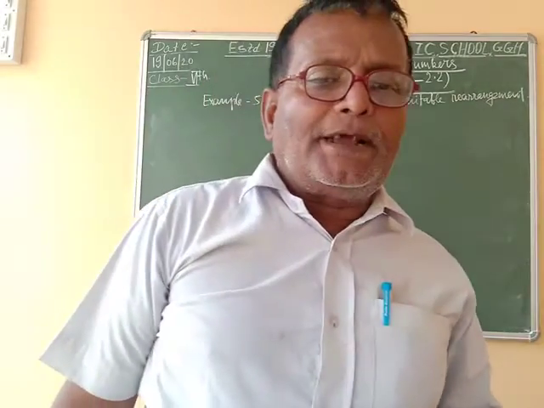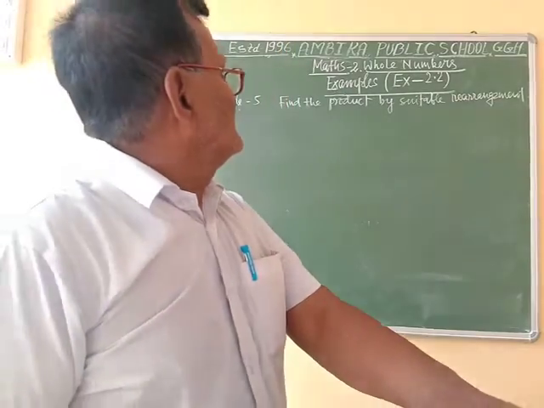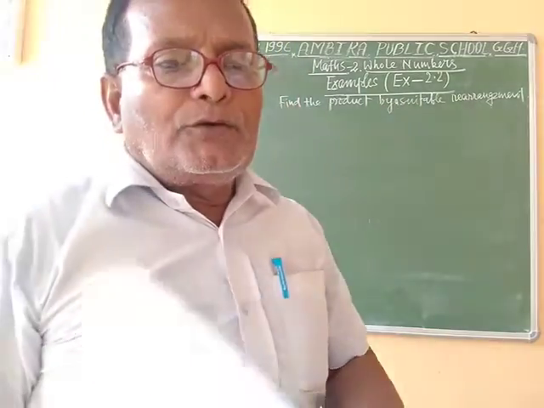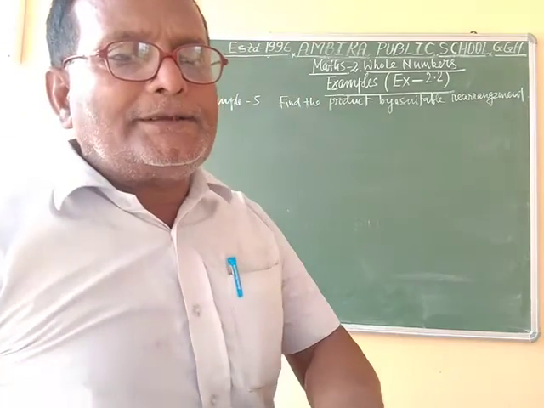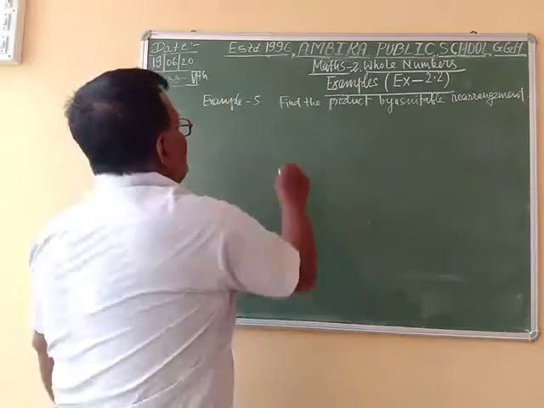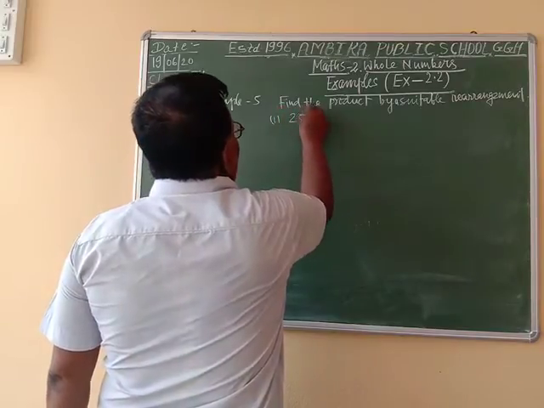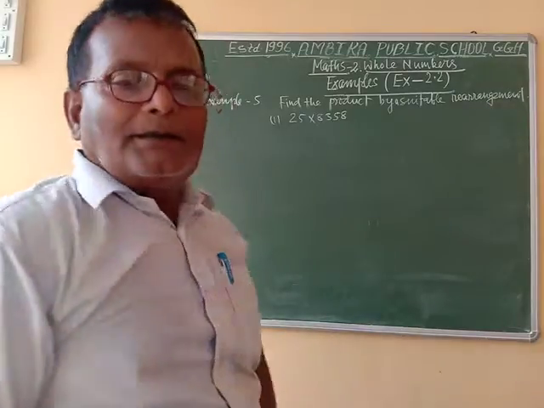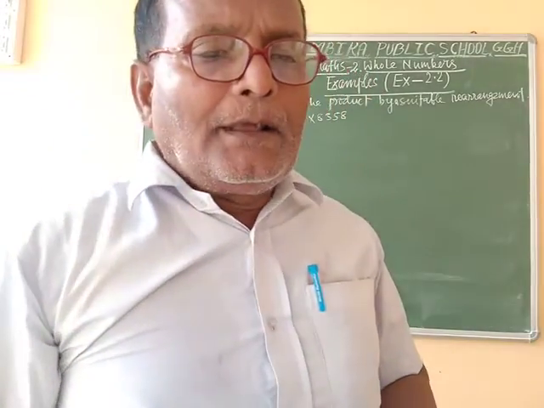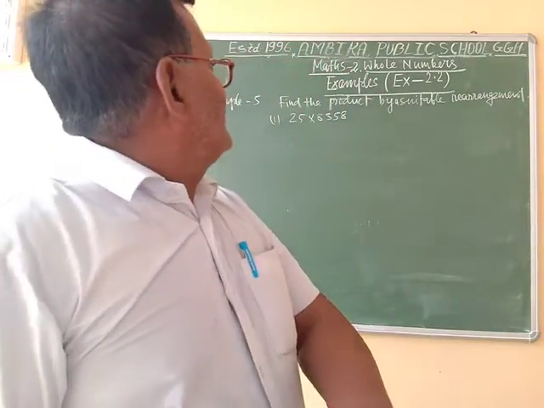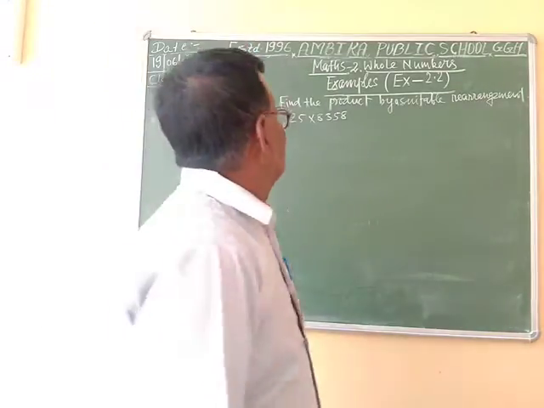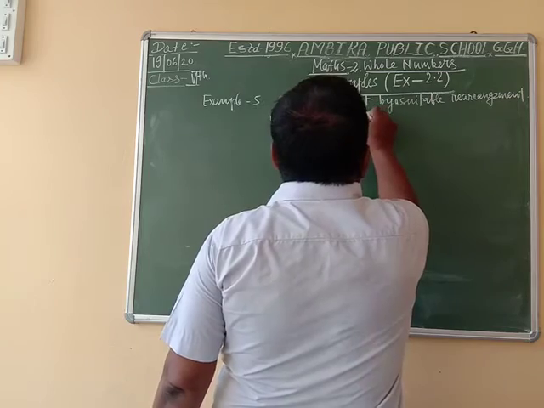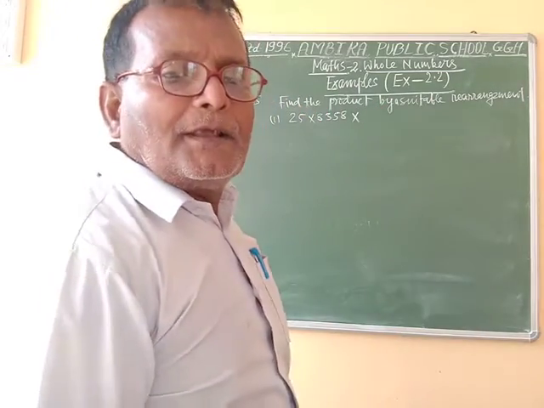Find the product by a suitable rearrangement. The question is 25 into 8358 into 4.